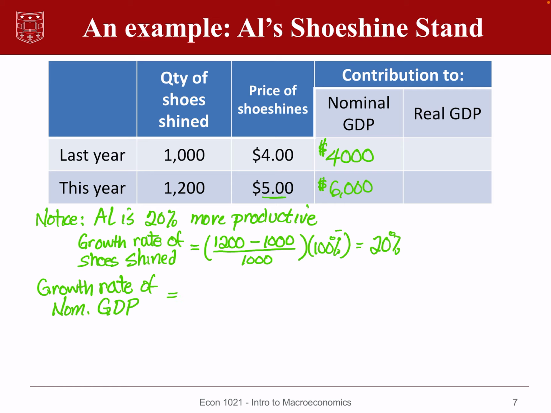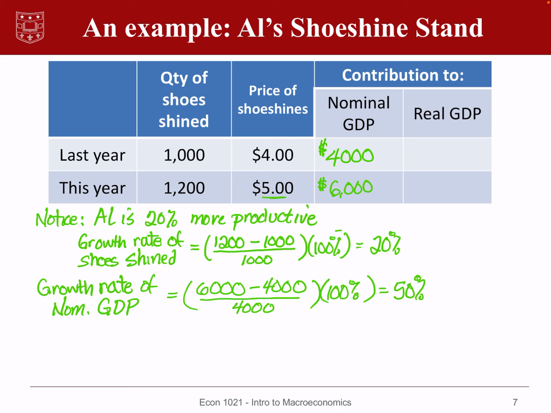This is going to be, again, the number this year, 6,000 minus $4,000 divided by $4,000. And again, we express it as a percentage. And so that's 2,000 over 4,000, and multiply that by 100, and so that's 50%.